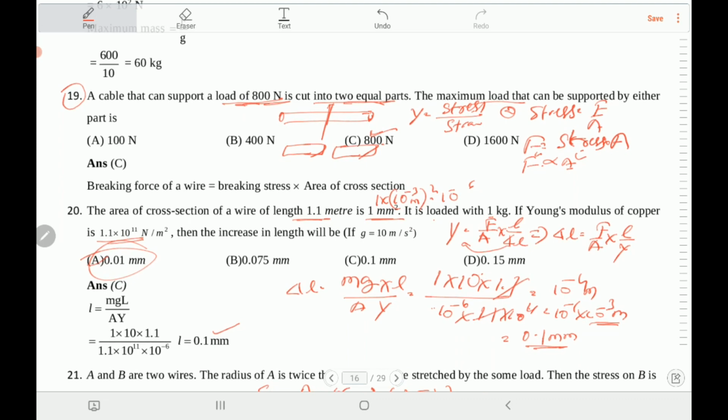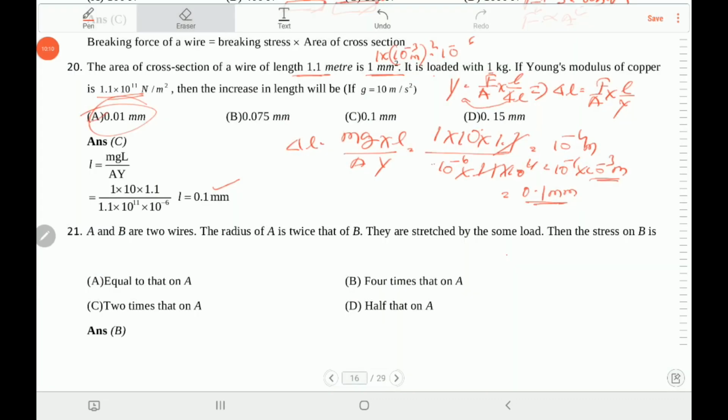That's about the problem. Yes, children, in this problem, A and B are two wires. Radius of A is twice that of B. What it says? Radius of A, RA, is 2 times RB. They are stretched by same load, means force is same.